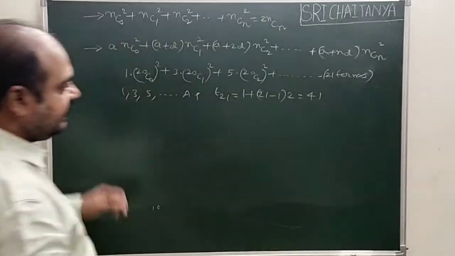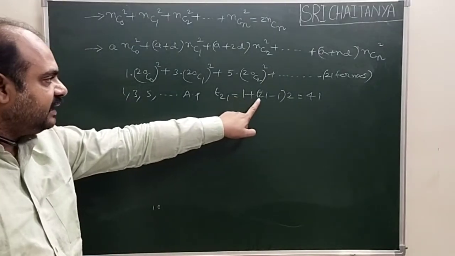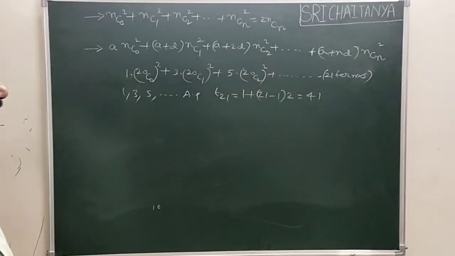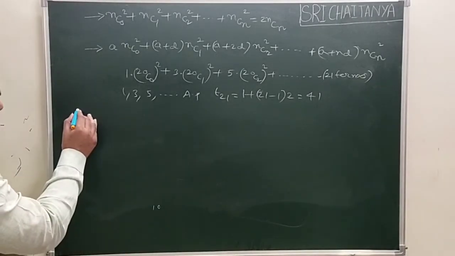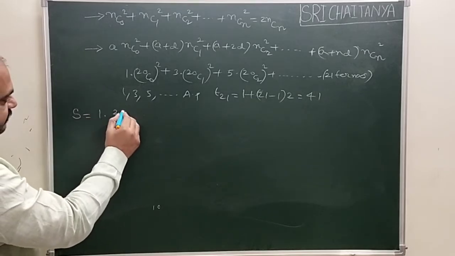That means A is 1, n is 21, minus 1, into D. So you will get 41. So the 21st term you need to calculate, and the required sum you take it as follows. This model we have done.